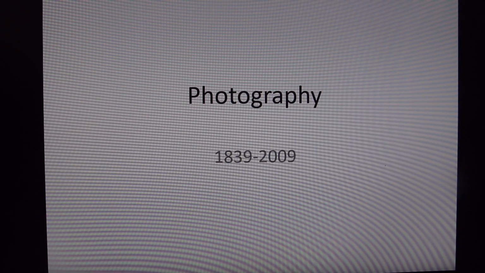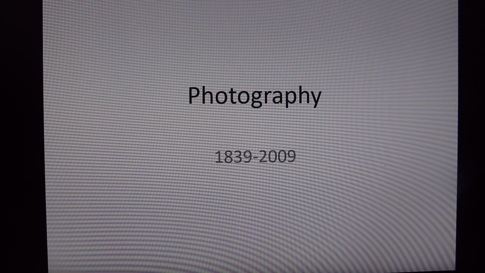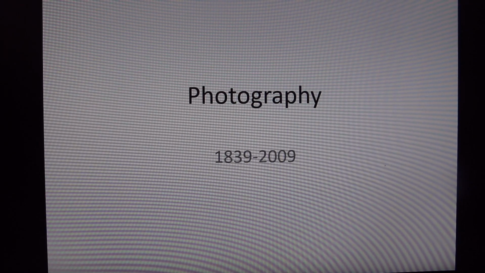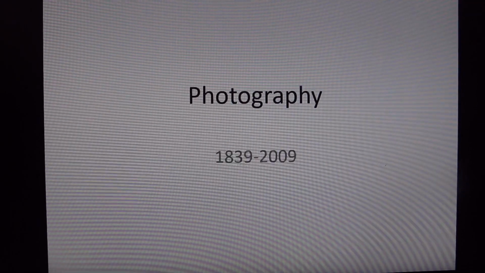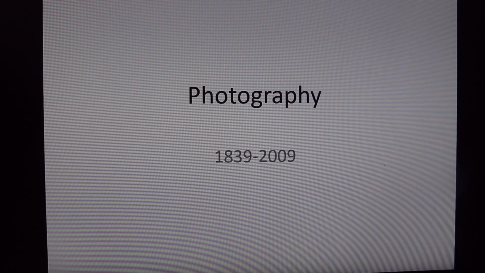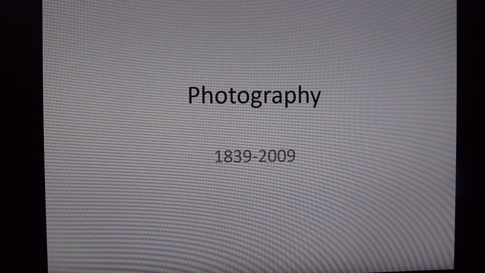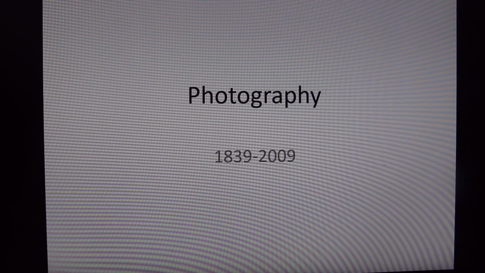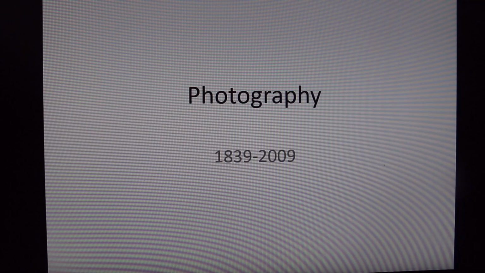But just know that it was the chemistry that was necessary to be perfected, and that was perfected in 1839. That's the patent. This is actually a little bit earlier that they're doing experimentation, but this is when we start talking about photography as a medium.